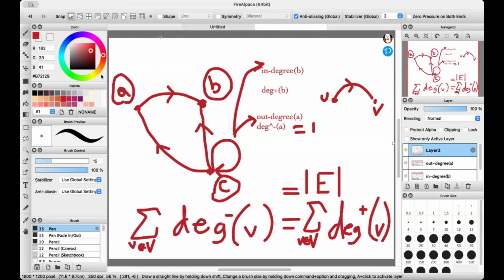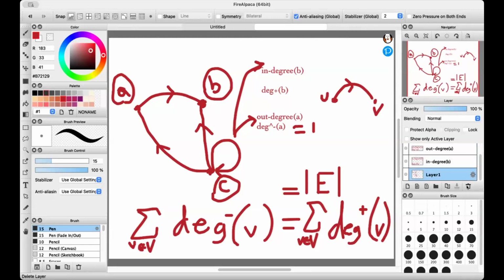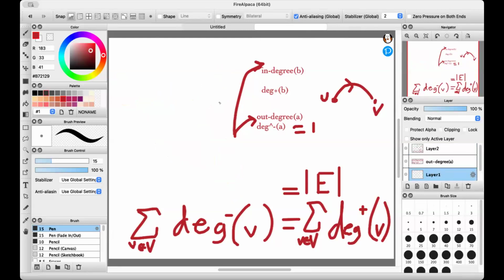Okay. Can you explain the theorem again? Oh, the theorem? Yeah. Basically, let me draw a better graph. In the theorem, are both of those V's?